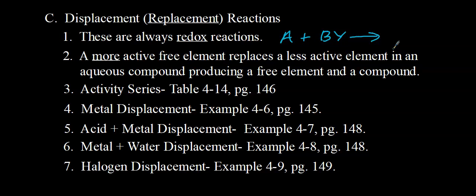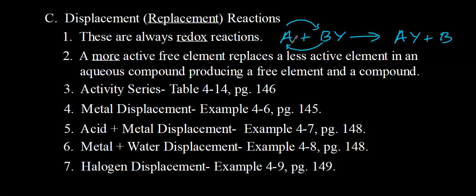So some element A reacts with some compound in solution, BY, and you make a compound in solution, AY, and some other element B. So in this case, A replaces B. You could have A replace Y, depending on what it is, to make AB, or BA, I guess would be in that case, and Y. So it just depends. Let's take a look at the metal displacement reaction.